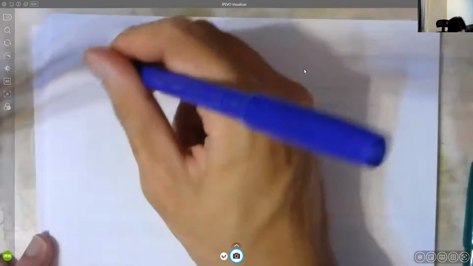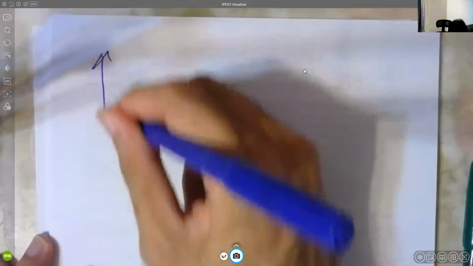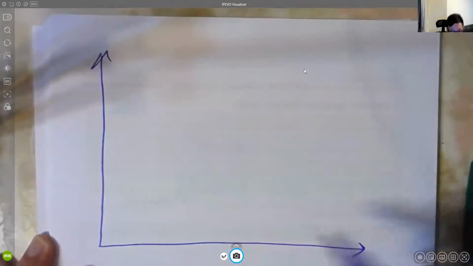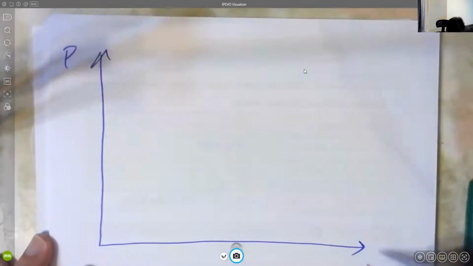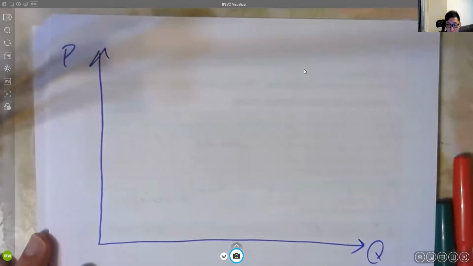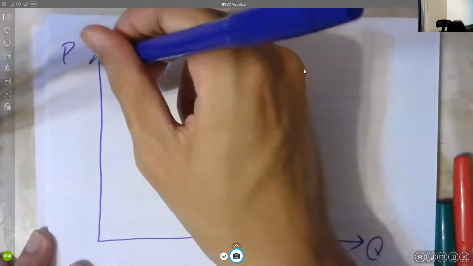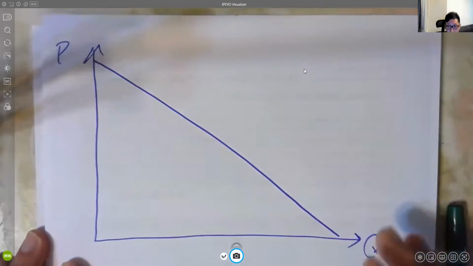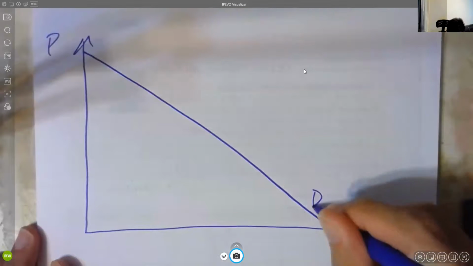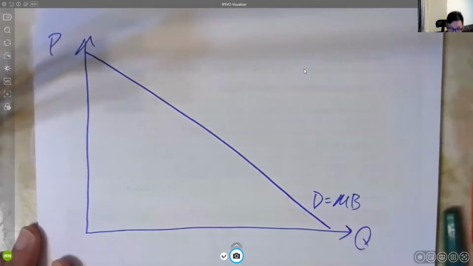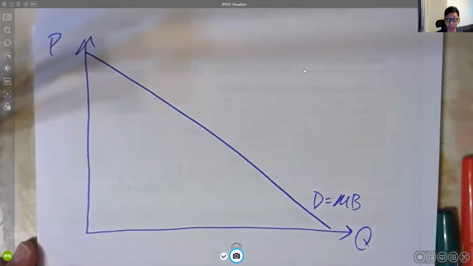All right, now remember, it goes like this. We always start with our situation, with our demand and supply, of course. Remember, from now on, when you try to label the demand curve, label it demand equals MB. Don't call it demand; call it MB.